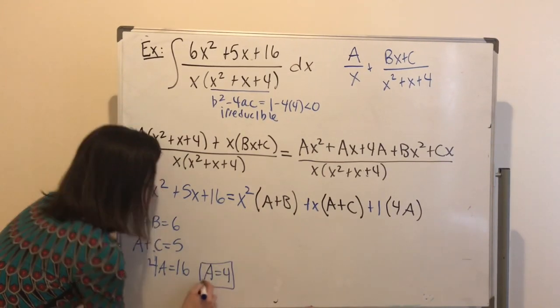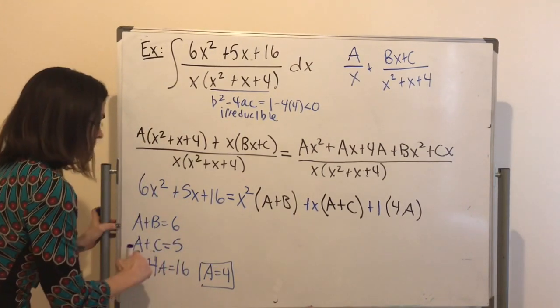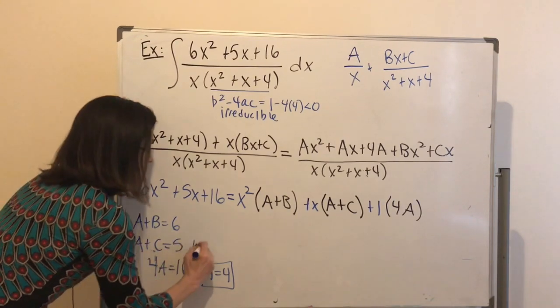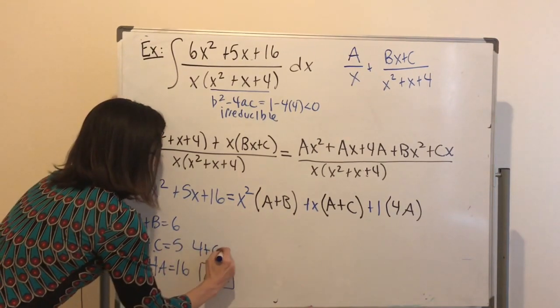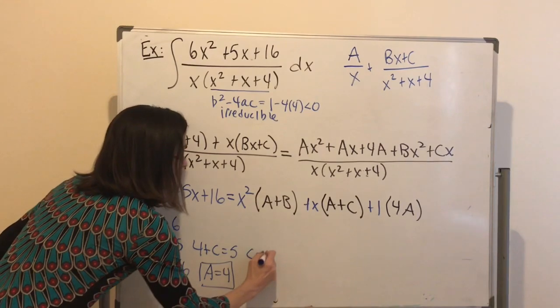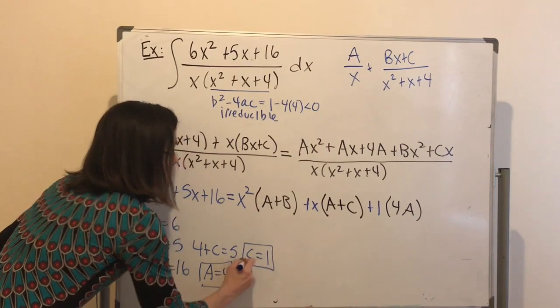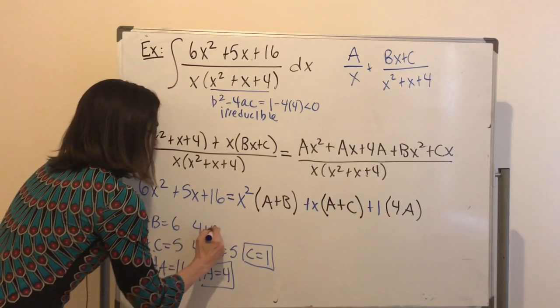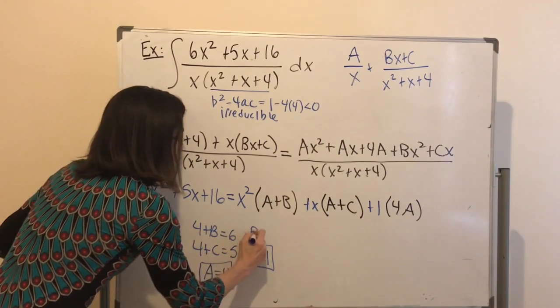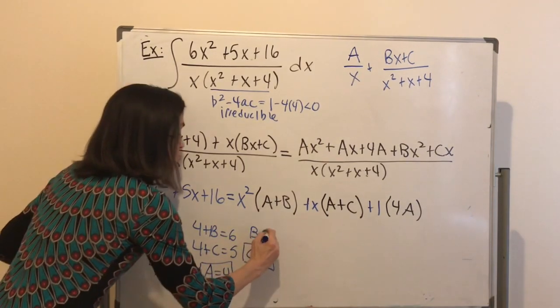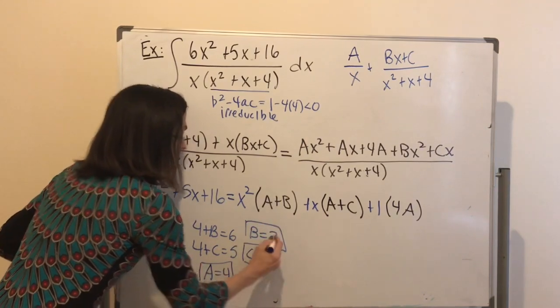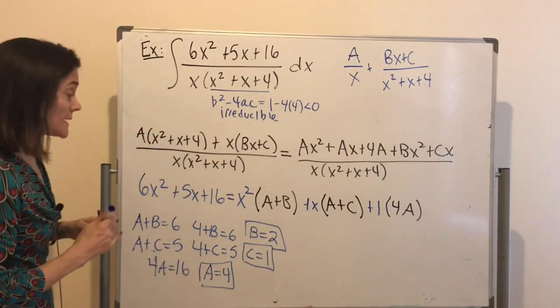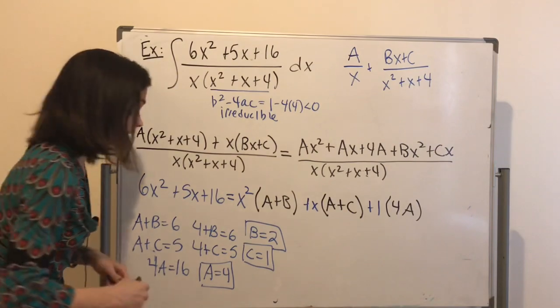And then just from this, we get both of these. Because, for instance, 4 plus c is 5, c would be 1. And then here, 4 plus b is 6, b will be 2. Okay, so now we have our coefficients.